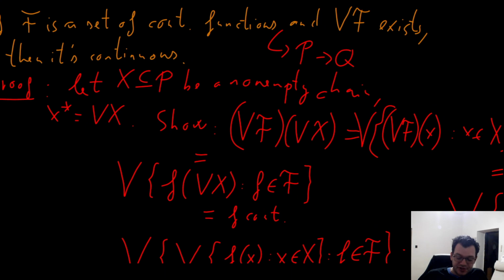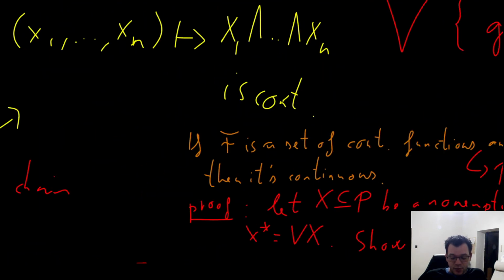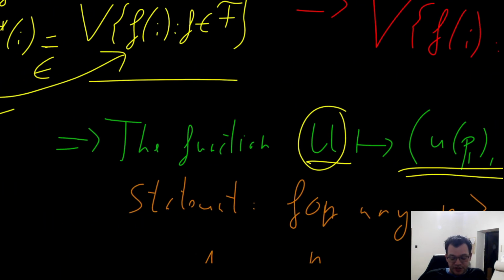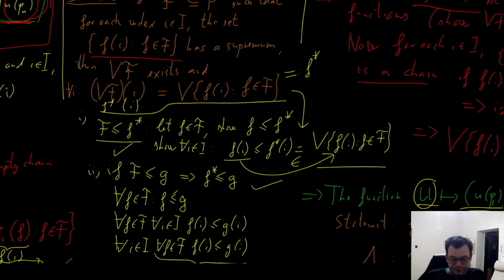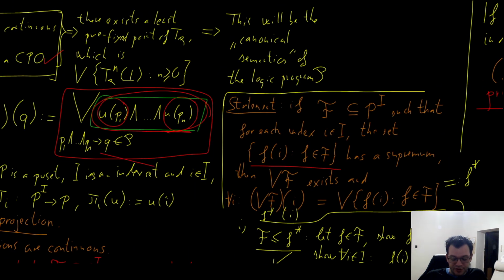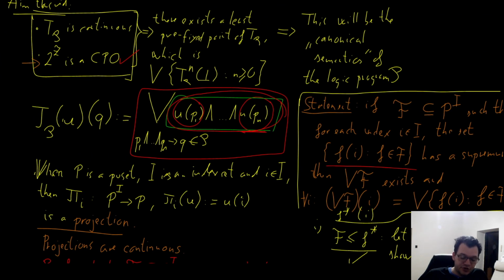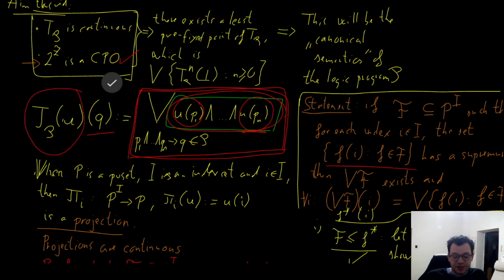So if F is a set of continuous functions and their supremum exists, then the supremum is also a continuous function, which means that for each q, and moving back to the TP function, for each fixed q, this expression is a continuous function, which is great because the whole TP function is just a tupling of such functions.